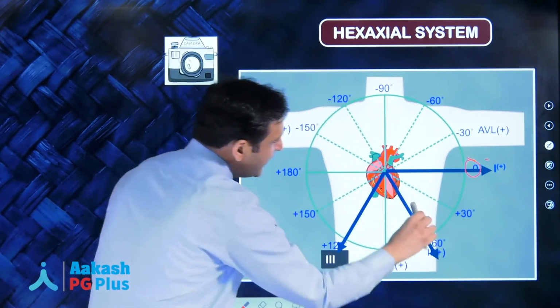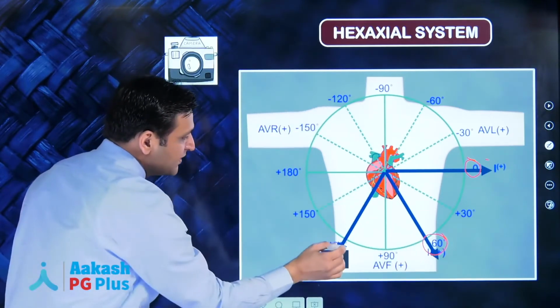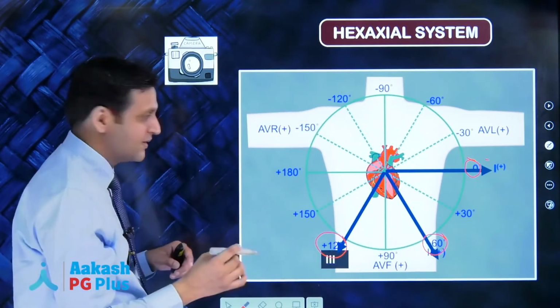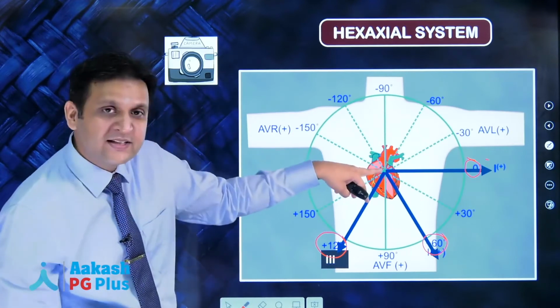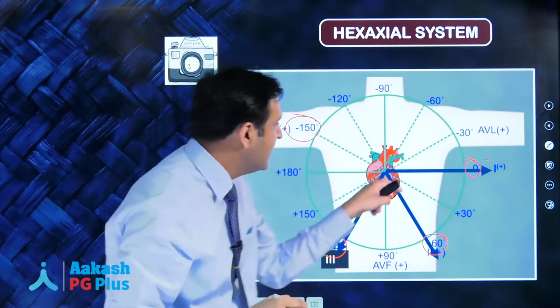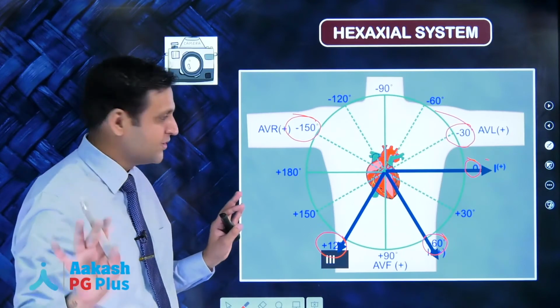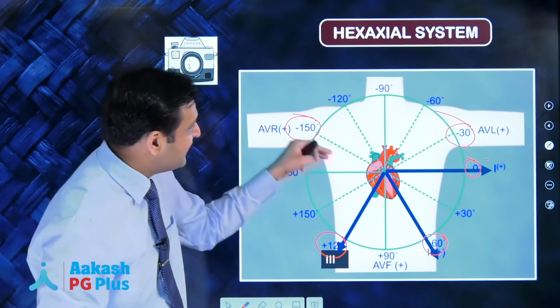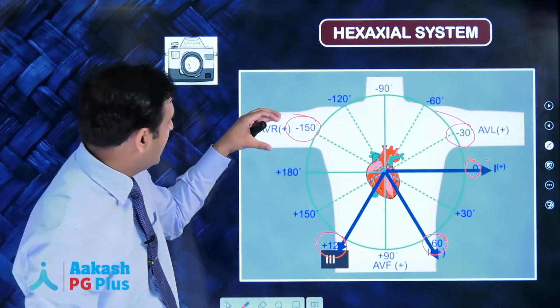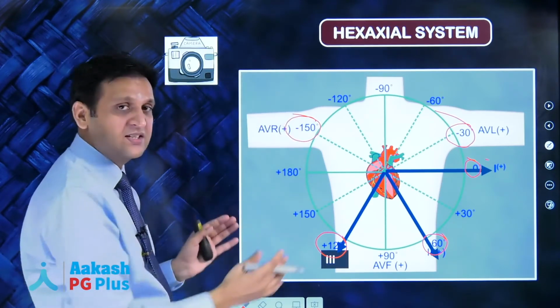We have a lead 2 vector that is 60 degrees. We have a lead 3 vector that is 120 degrees, right? Now the AVR looks at the heart from minus 150 degree angle. The AVL looks at the heart from minus 30 degree angle. Okay, understood? So because these are vectors and they look at the heart from different angles, we can actually make an angle which gives us a hexaxial system.